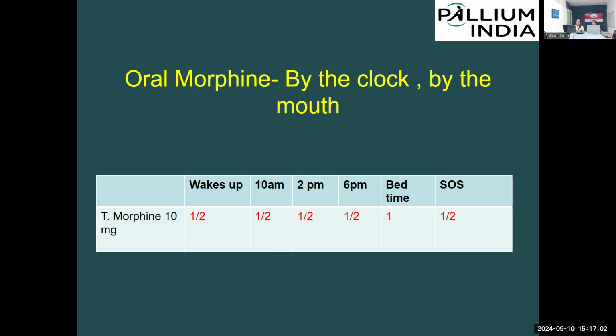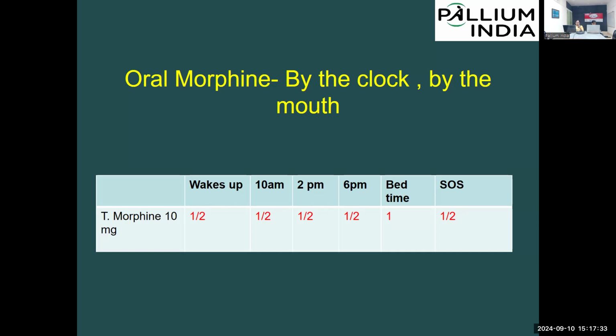Suppose the pain is not controlled with step 1, you go for step 2. Or if the pain is even more severe, we go for step 3. So that is what is meant by the ladder. And individualized treatment means the treatment would be specific for each patient depending upon their treatment plan. So those are the 4 principles of analgesic use.